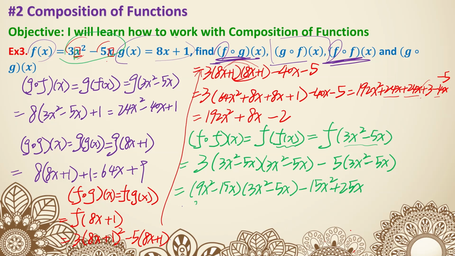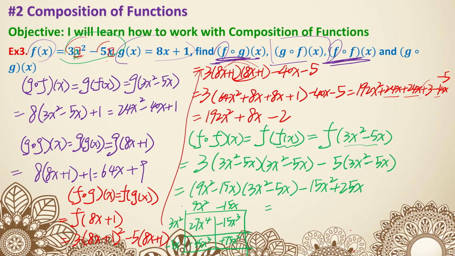So 2 by 2, 9x squared, and then negative 15x. And then we have 3x squared and a negative 5x. Okay, we have 27x to the 4th power, minus 15x cubed, and we have a negative 45x cubed, and eventually a negative 5x times negative 15x is a positive 75x squared.